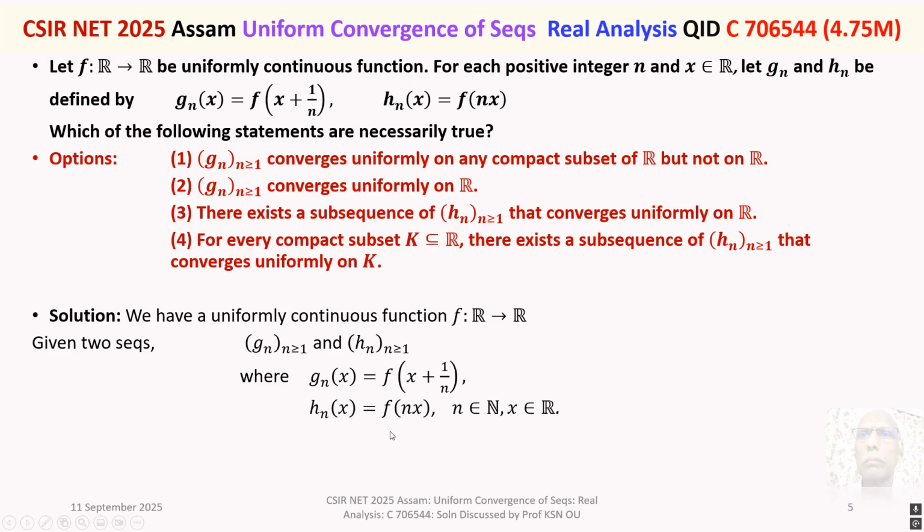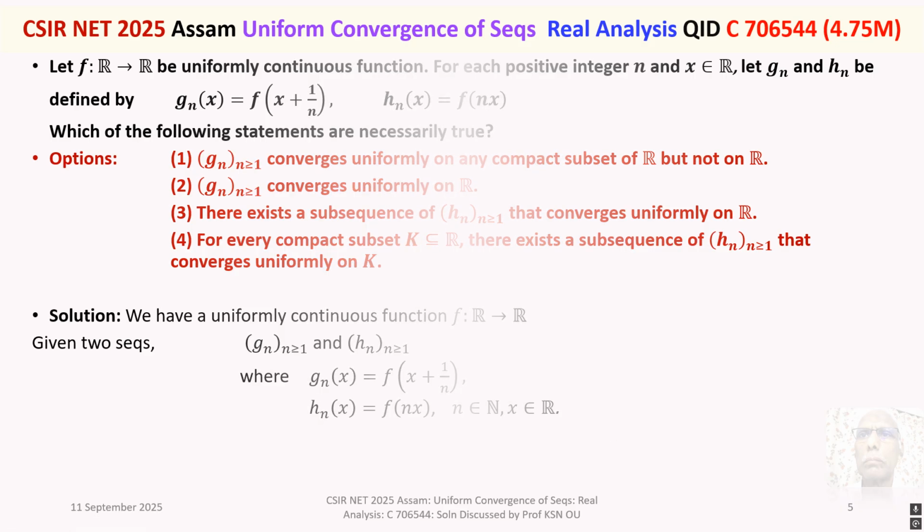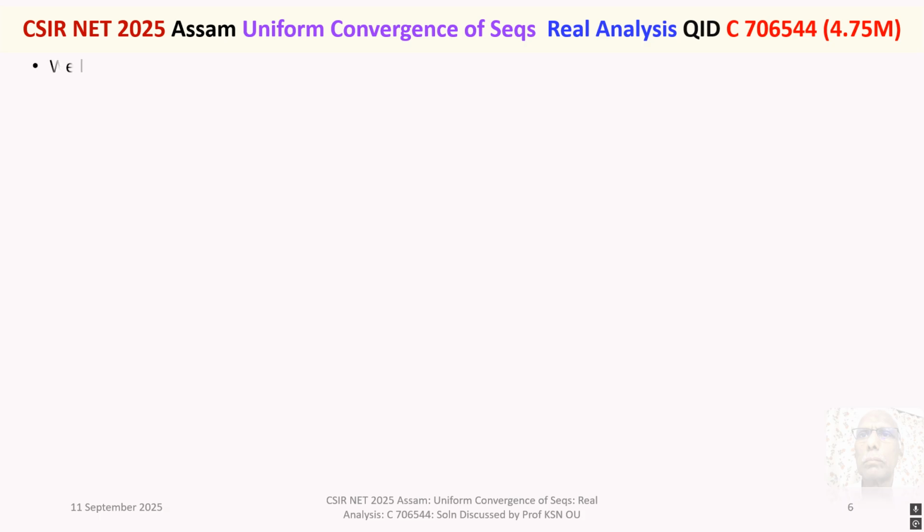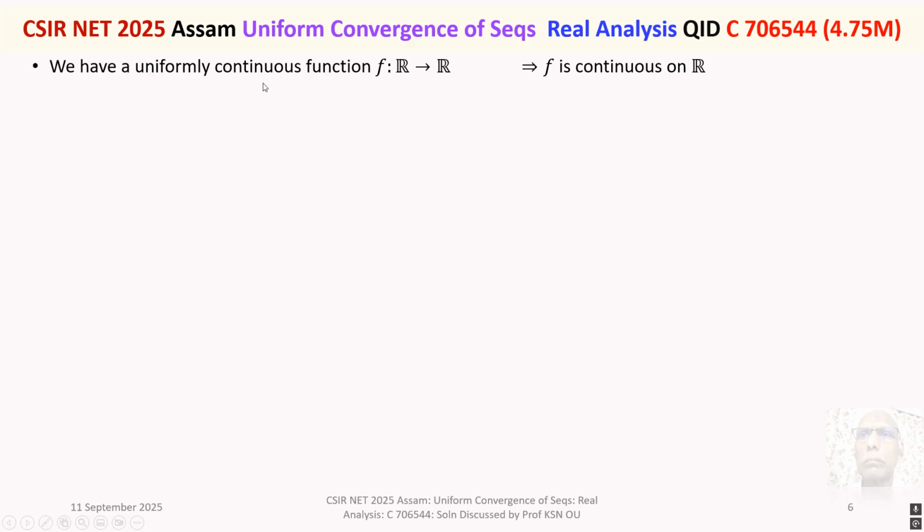Hn of x is equal to f of nx, where n belongs to the set of natural numbers, x belongs to the set of real numbers. Right. We have a uniformly continuous function f from R to R. Every uniformly continuous function is continuous. Therefore, f is continuous on R.